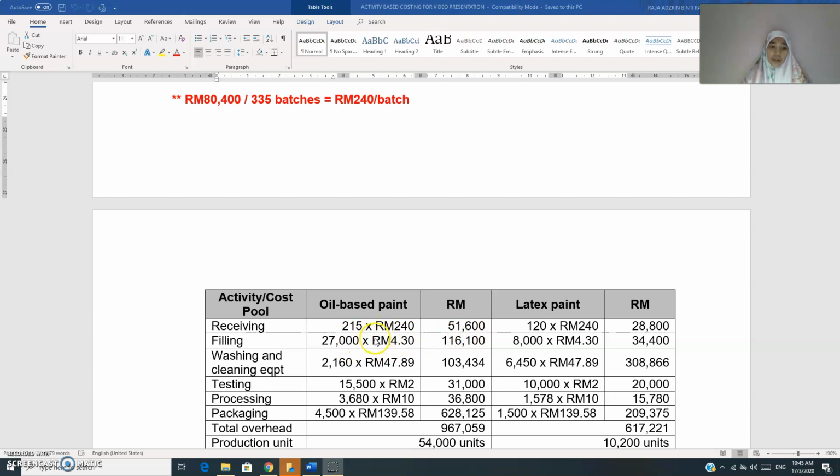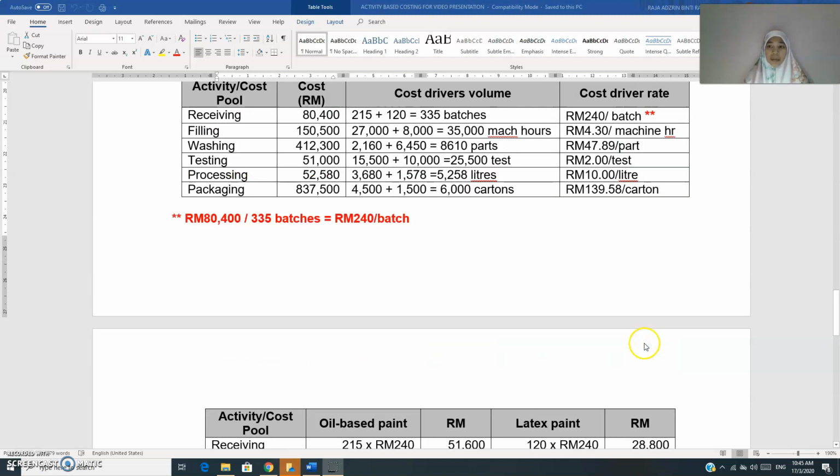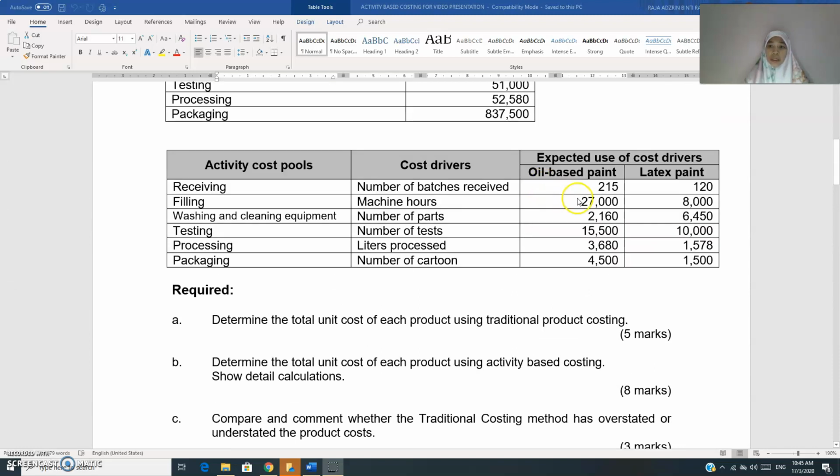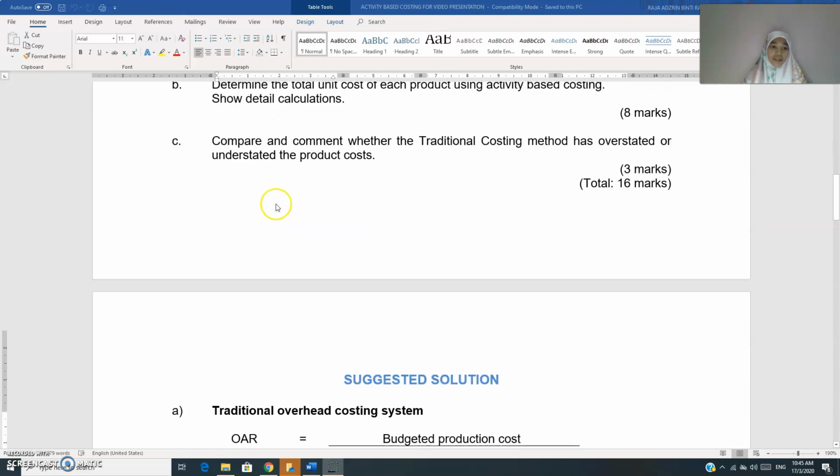For example, your rate for filling is 4 ringgit and 30 cent per machine hour. Then you multiply it with the 27,000 machine hours consumed by oil-based paint for the filling activity.